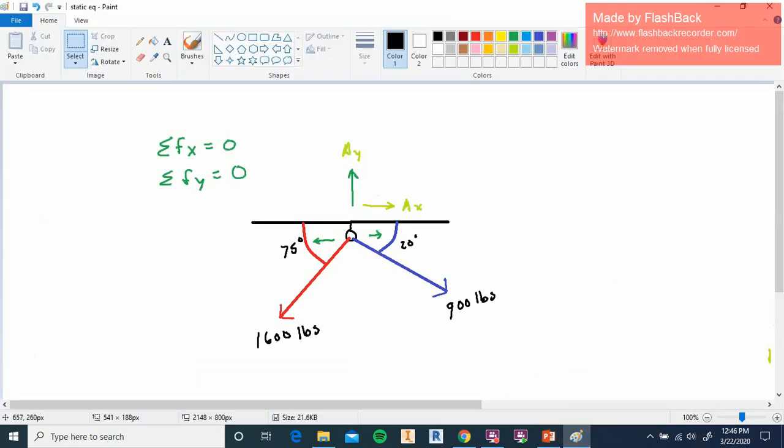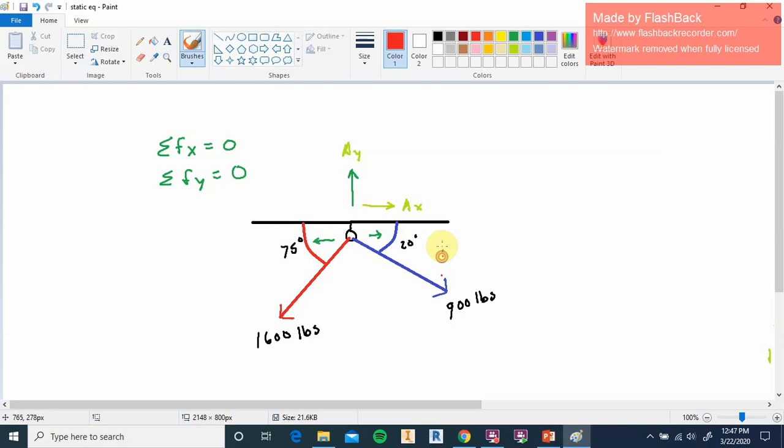Here we have the same drawing, but I've put our equations in here. The sum of the forces in x is equal to 0, and the sum of the forces in y is equal to 0. I've also drawn in two additional vectors, one of them to represent the y component.